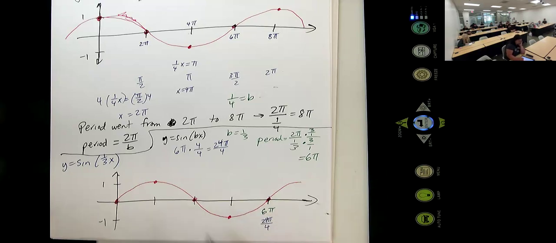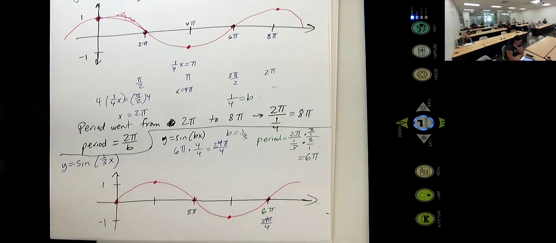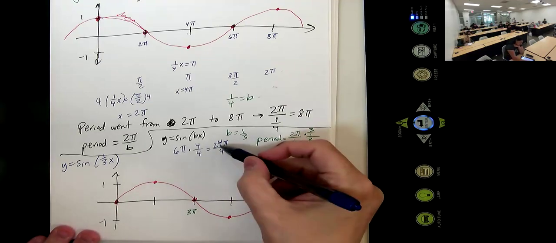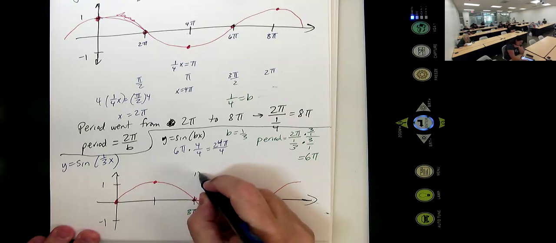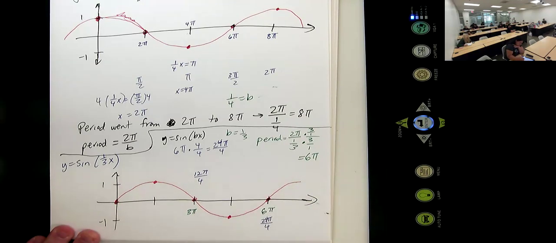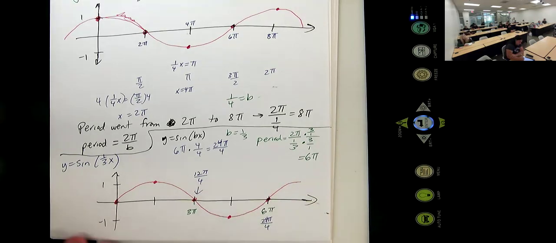The halfway point was actually pretty easy to do with 6 pi already. Cutting 6 pi in half gives me 3 pi. But if I cut 24 pi in half, 24 pi in half would be 12 pi. So this is like 12 pi over 4. And then we can see 12 pi over 4 does equal 3 pi.